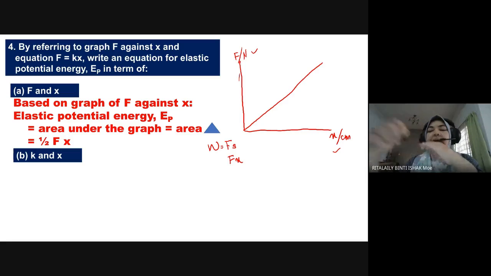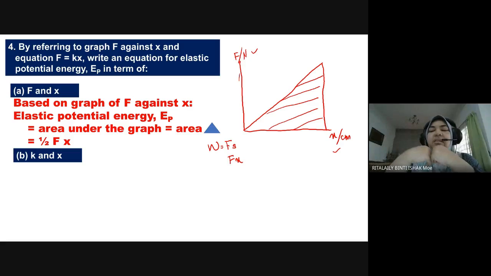So how to get Fx? F times X, which is the area under the graph. Somehow the graph is directly proportional, so you won't get a rectangle or a square. So if you want to calculate the area, the formula would be half Fx.